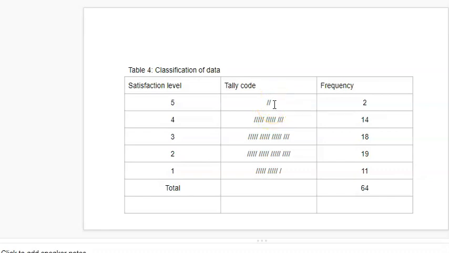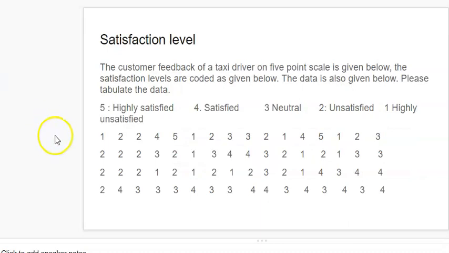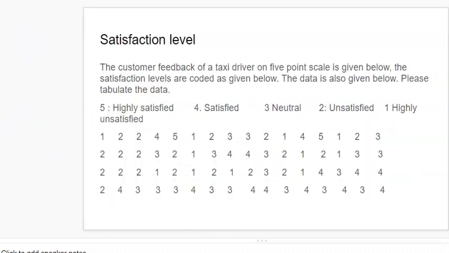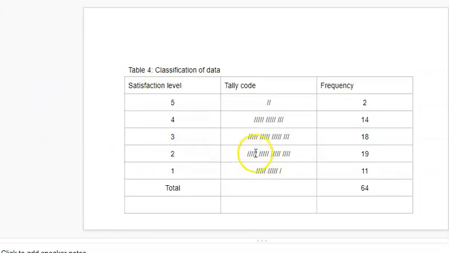So it is also, for example, in the previous question when we take 5. So first is 1. So I go to the column of 1, then I put a slash mark. Then next I go to 2, then I go to the row of 2 and again put a slash mark.